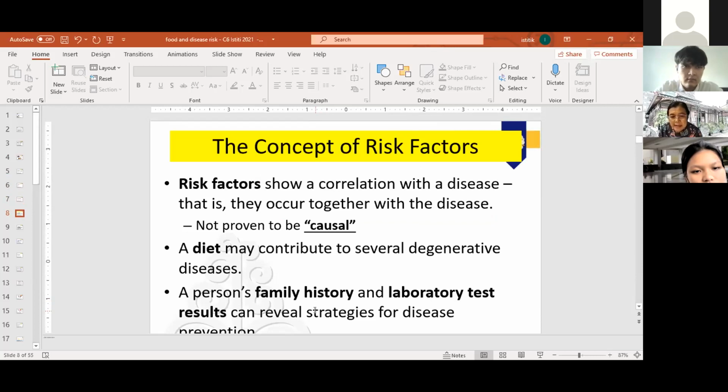Many people say a diet may contribute to several degenerative diseases.